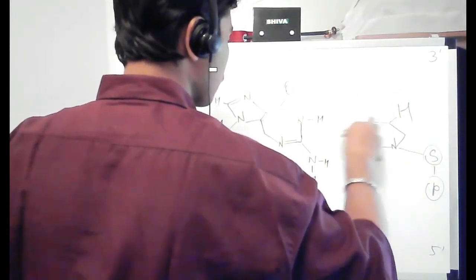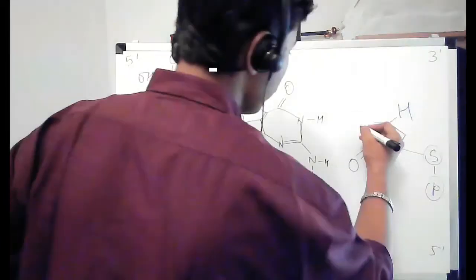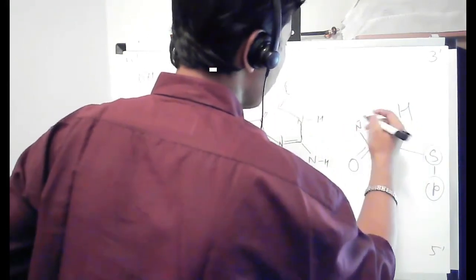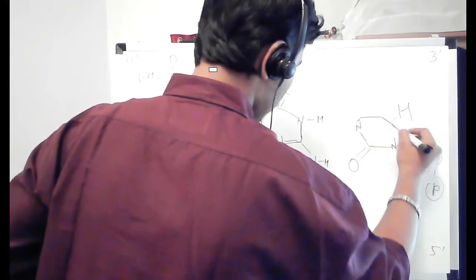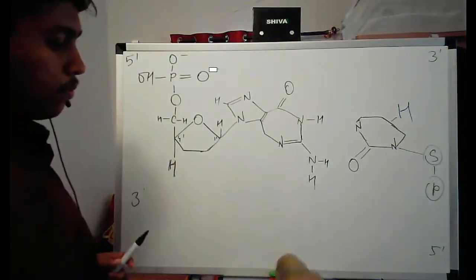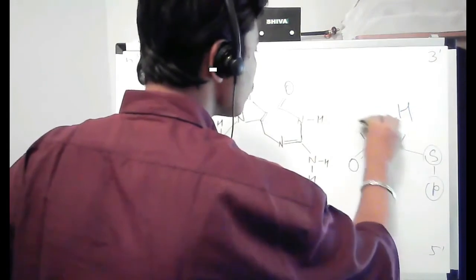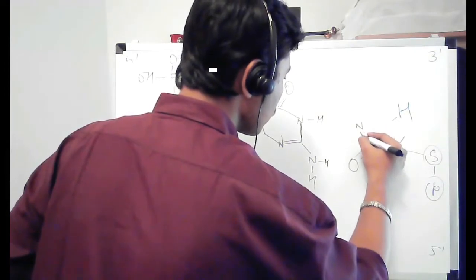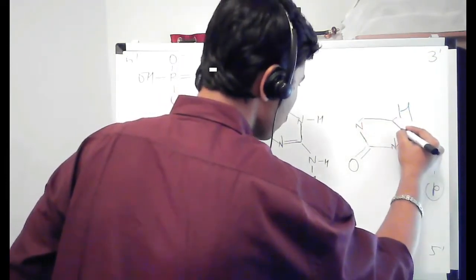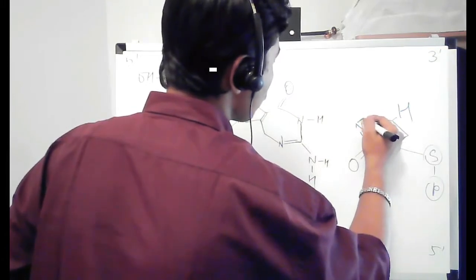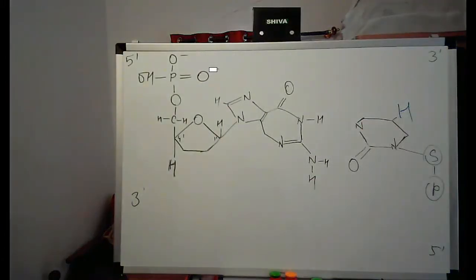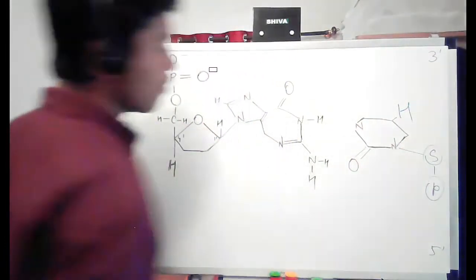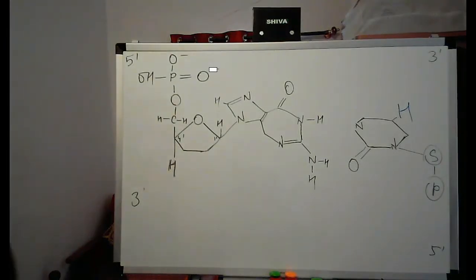There's only one doubly bonded O with an N over here, which is again bound to the sugar.